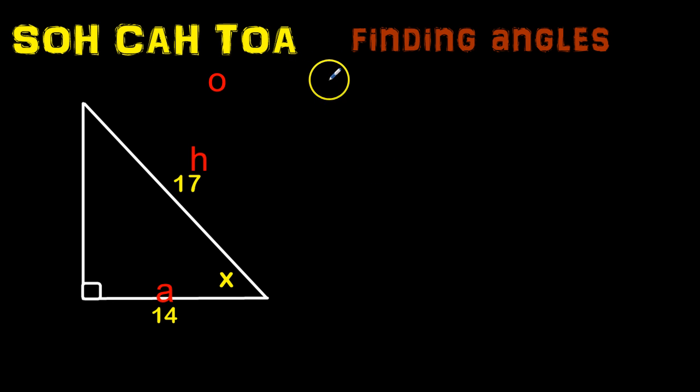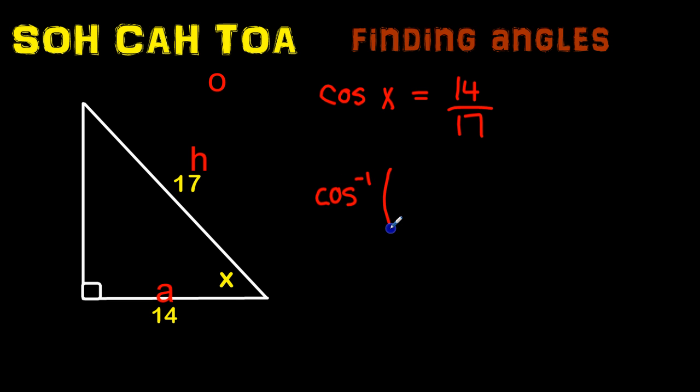So we'd have cosine of x, we're missing our angle here, is equal to A over H, which is 14 over 17. And to find the angle then, I would do the cosine inverse of 14/17 on the calculator. And that will give you your x.